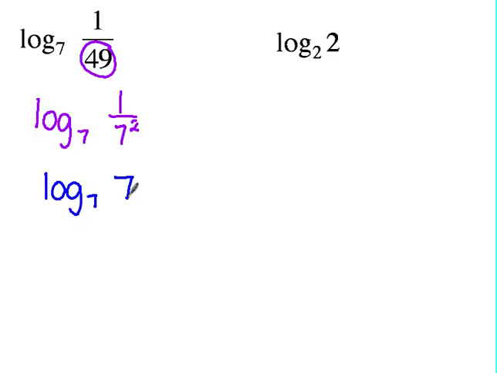Notice where it's located. It's located in the what? Denominator. I want to move it up. So do we remember how we can do that with exponents? Make it negative. Good. Okay. So what's your answer going to be here? Your answer will be -2.